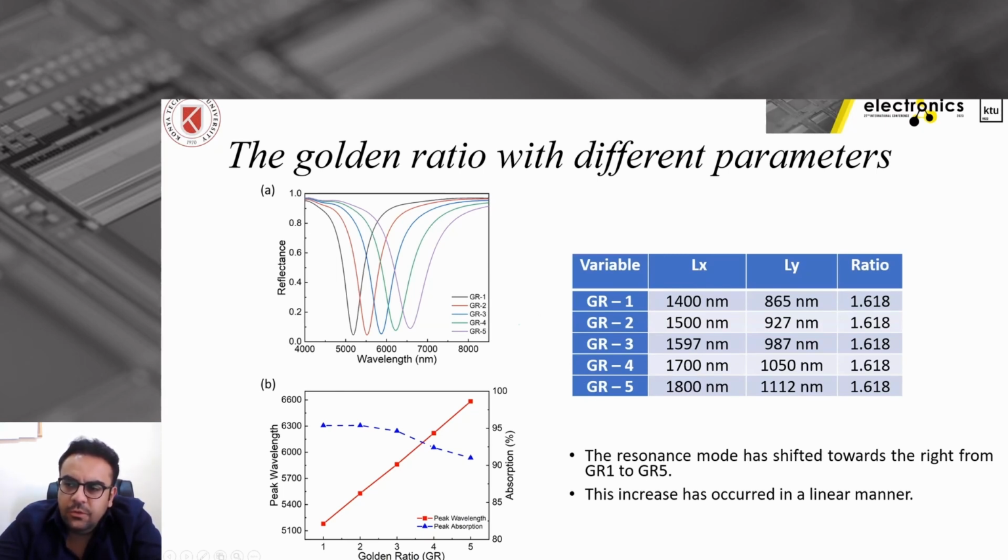When utilizing these values, a spectral shift towards longer rectangular dimensions was observed. However, there was no significant alteration in the absorption rates, and the resonance mode has shifted towards the right from GR1 to GR5, but this increase has occurred in a linear manner.